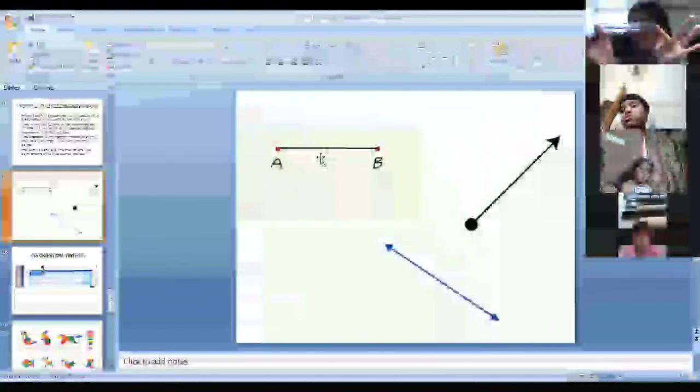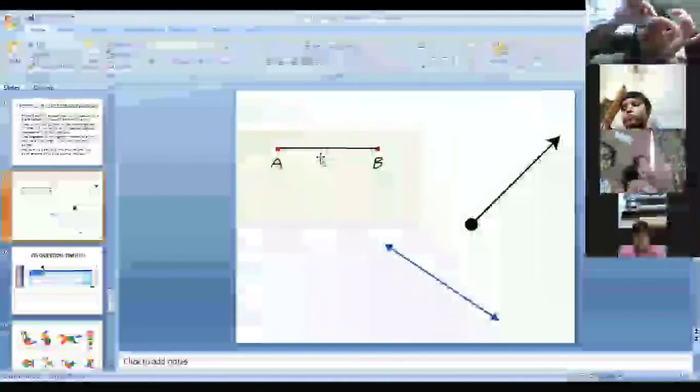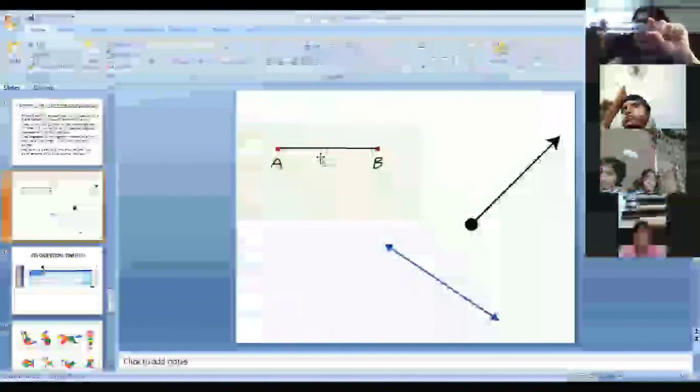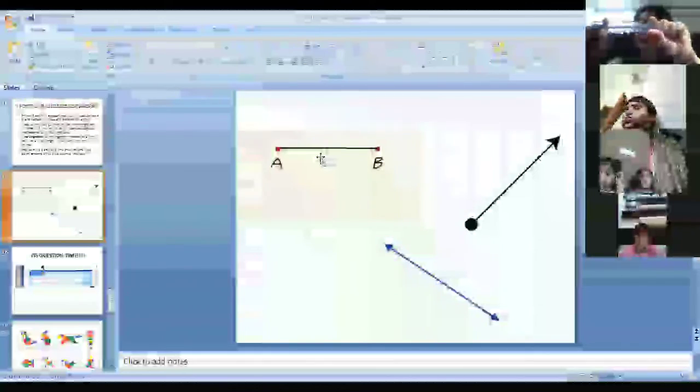Fixed endpoints. This starting point and ending point is fixed with a specific length. So it is known as the line segment, which is a part of a line.